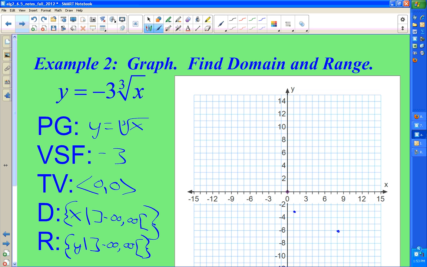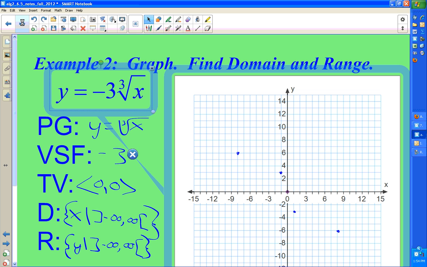Left 1, up 3. And normally left 8, down 2. We're going to go left 8, up 6. And of course, you should already know, based on my last one, that this is going to suck when we connect them, because the computer's stupid.